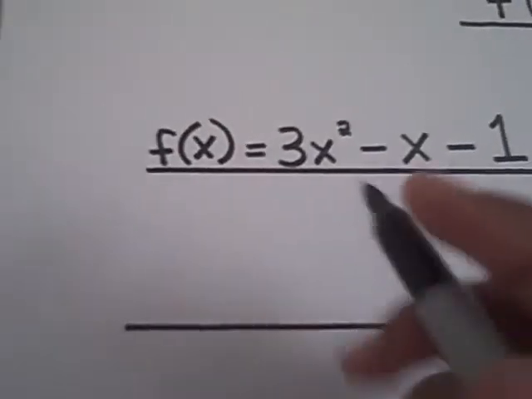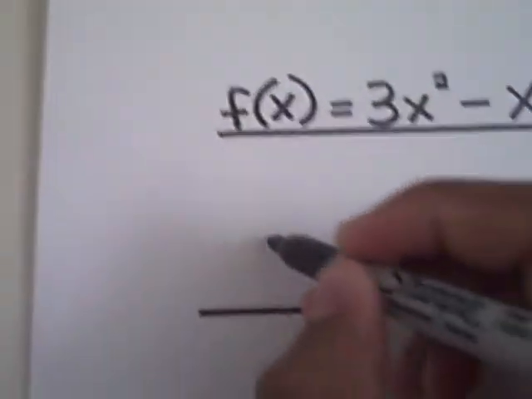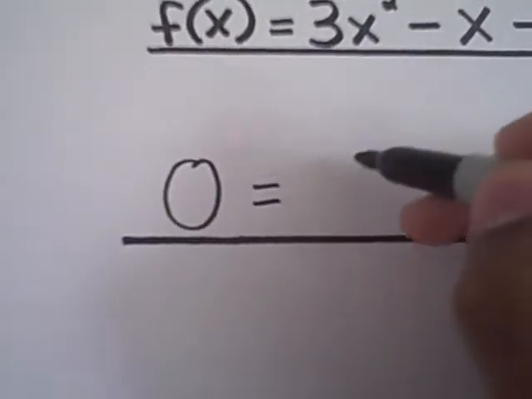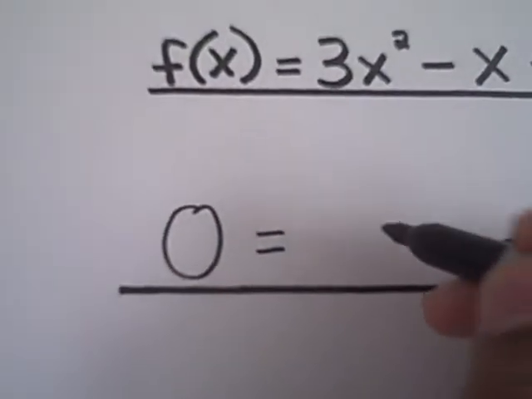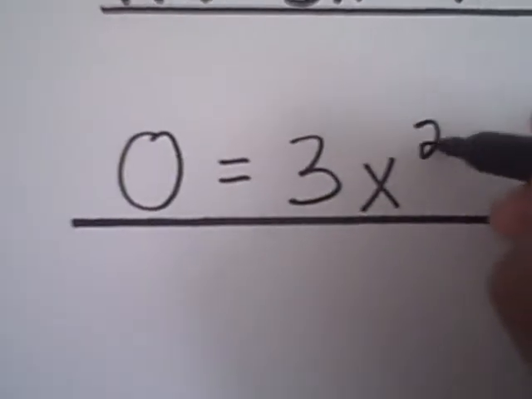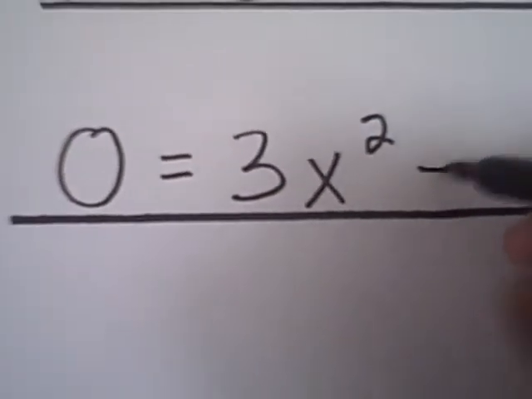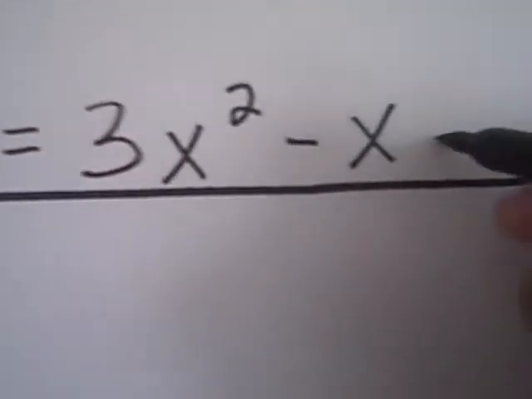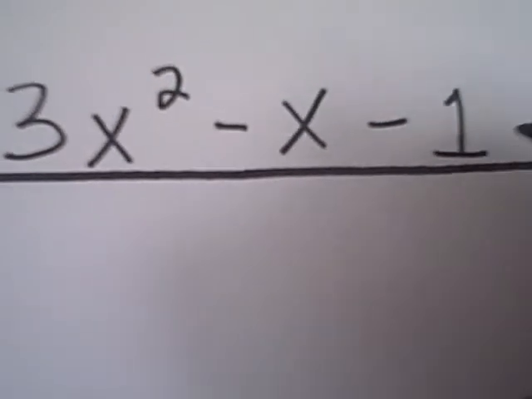So here's our new equation: 0 equals, because we're solving for 0, 3x squared minus x minus 1.